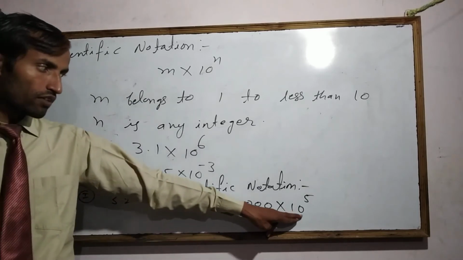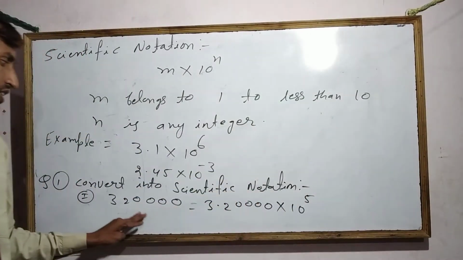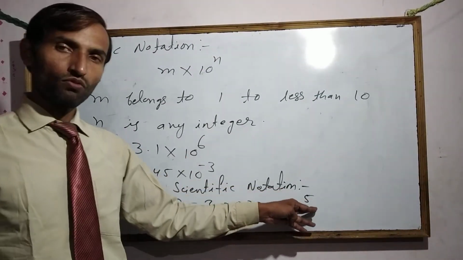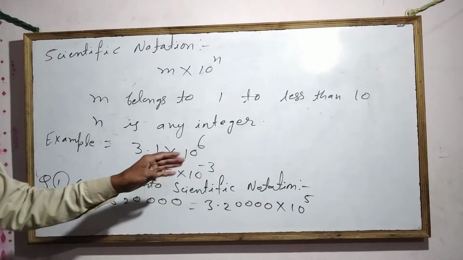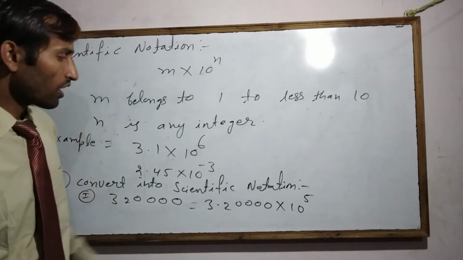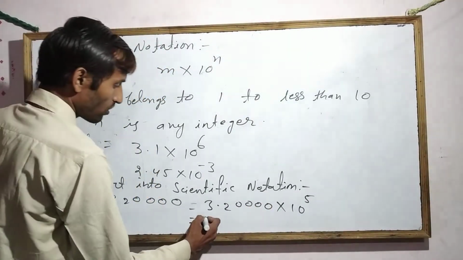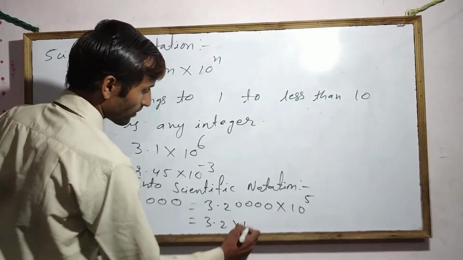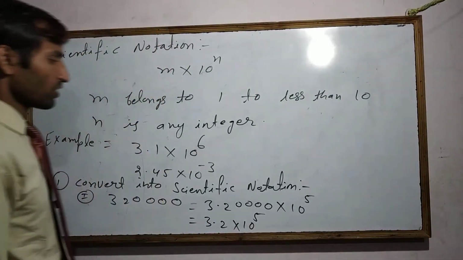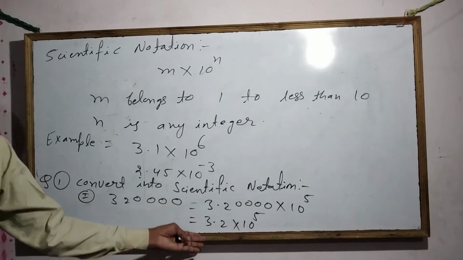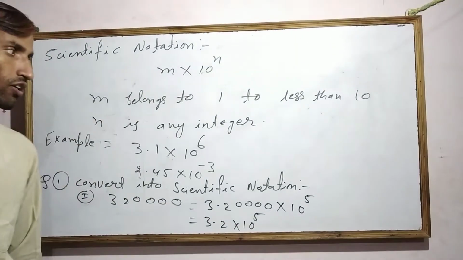If 4 digits are there, then the power will be 4. If 2 digits are there, then the power will be 2. Now you can remove these zeros, there is no value of these zeros. So the answer is 3.2 into 10 power 5. This is the method to convert any number into scientific notation.